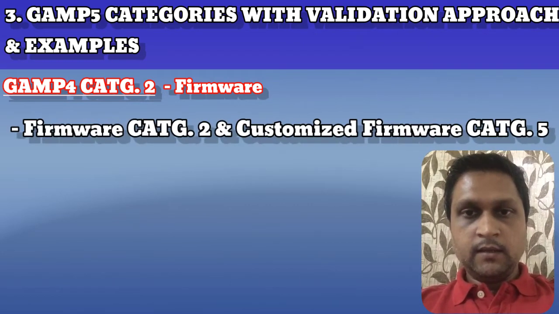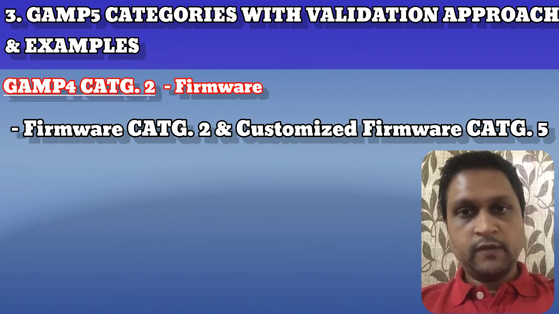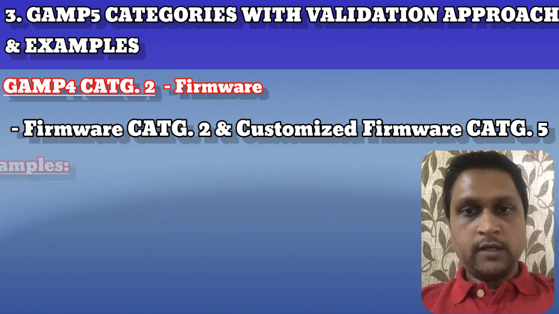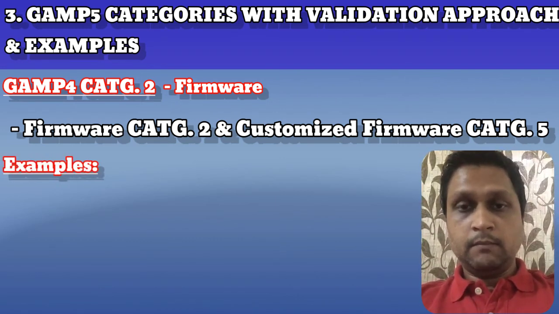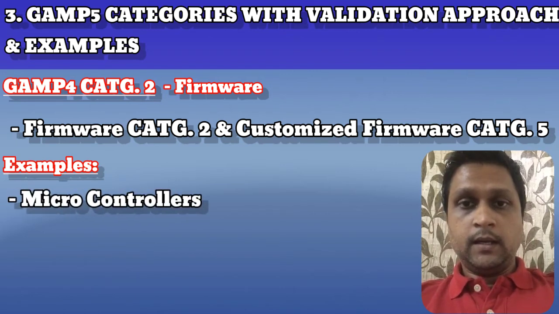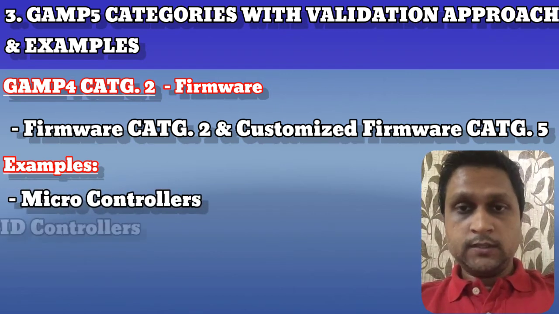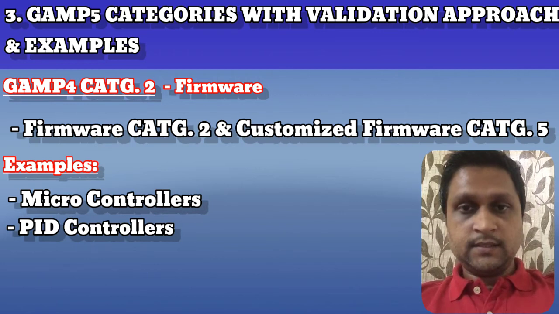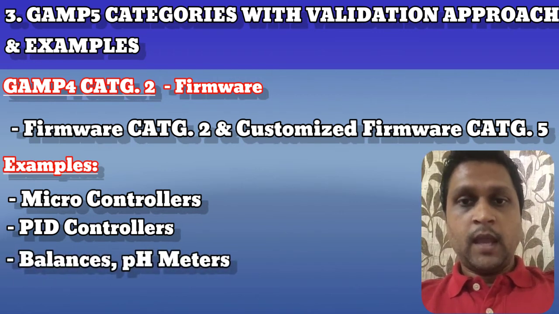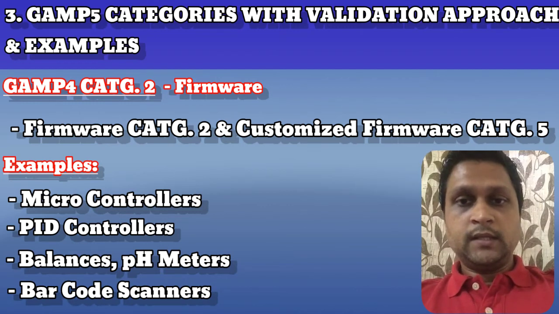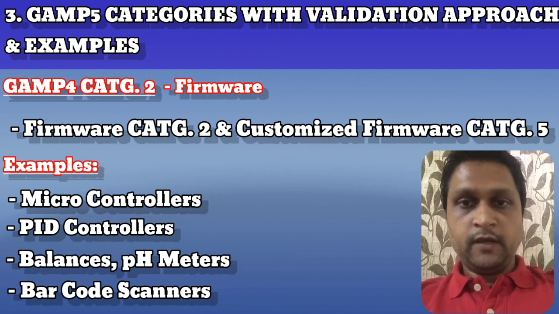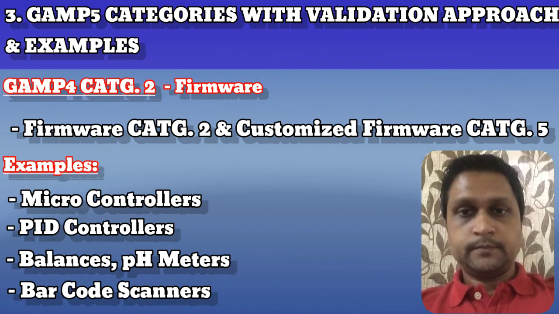If it is a standard firmware, then it falls under category 2, and if it is a customized firmware, then it will fall under category 5. Some of the examples are microcontrollers, PID controllers, balances, pH meters, and barcode scanners. So these are the instruments which have firmware and fall under GAMP4 category 2.